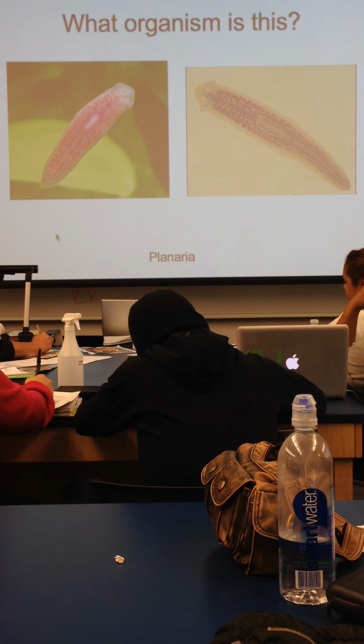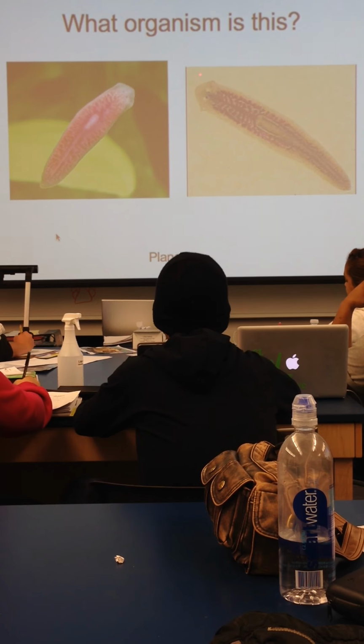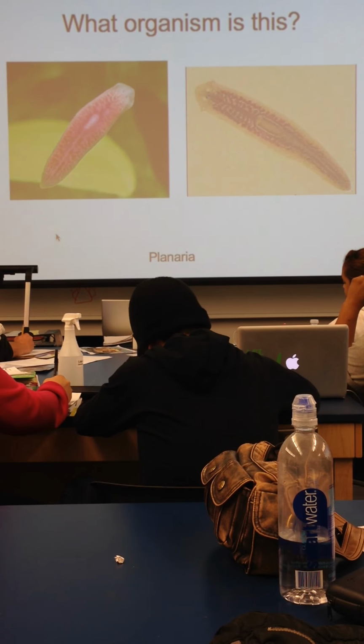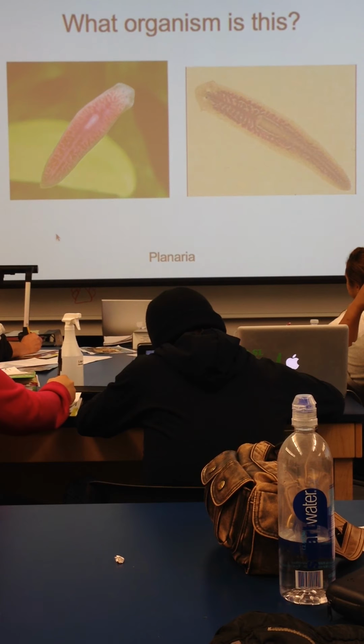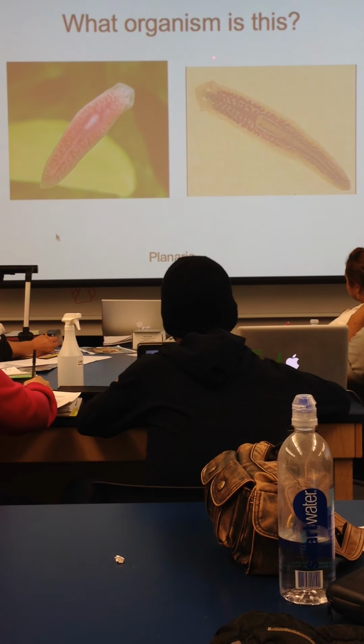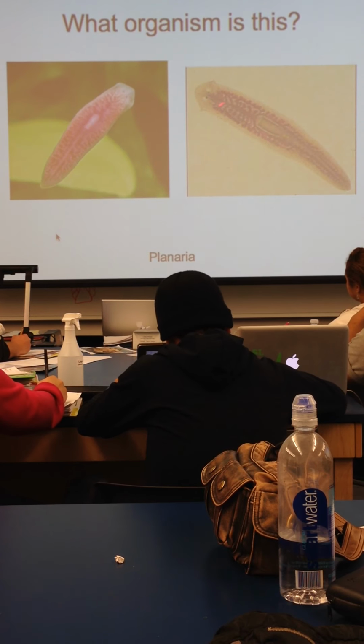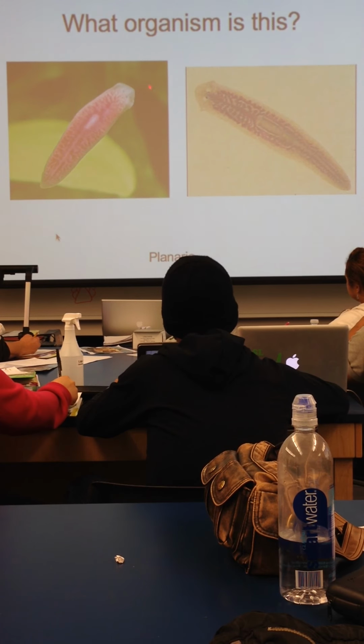Planaria is easy to distinguish because it has this kind of triangular shaped head, and it has this big cavity in the middle. If you're going to confuse this with another worm, you're likely to confuse it with Planoarchus or the fluke. Alright? But you can tell it's not because it's got this triangular shaped head to it.